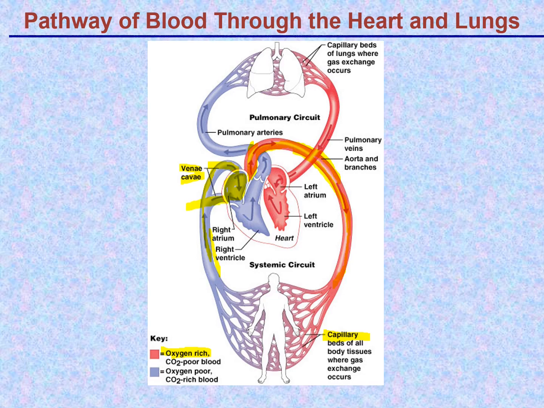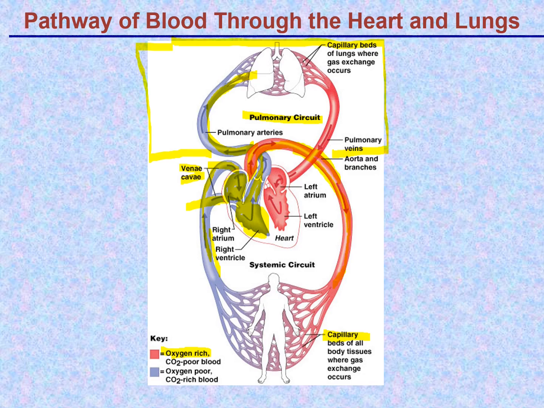And that blood goes into the right ventricle on the lower right side. From the right ventricle, the blood goes up out of the heart through the pulmonary trunk, and then the pulmonary arteries up to the lungs. And this upper part is called the pulmonary circuit. Okay, all of this.